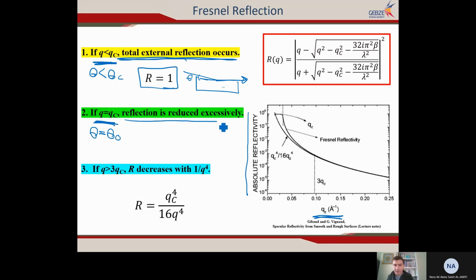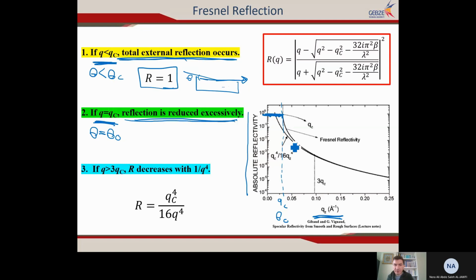So here, until the critical angle, this is the Q critical, or you can say theta critical, we have maximum intensity, maximum reflection goes to the detector. At this point, reflection is reduced excessively.